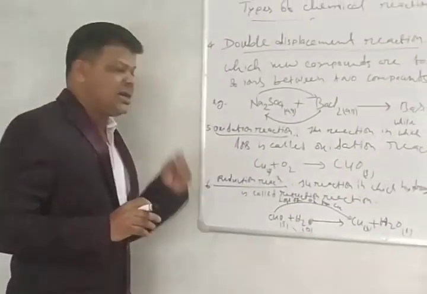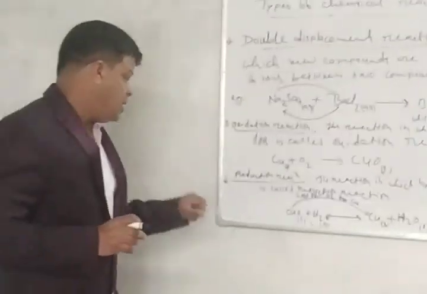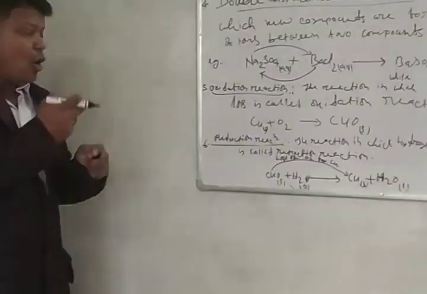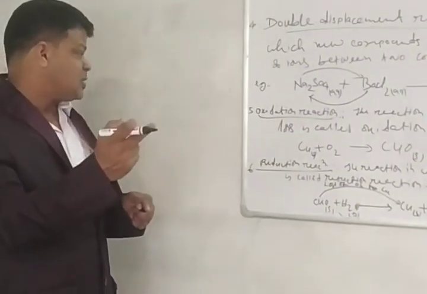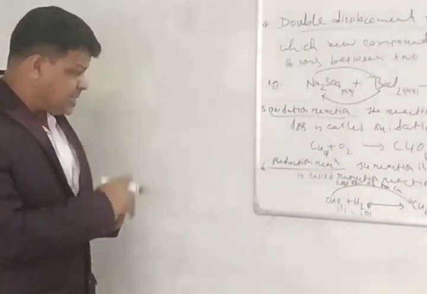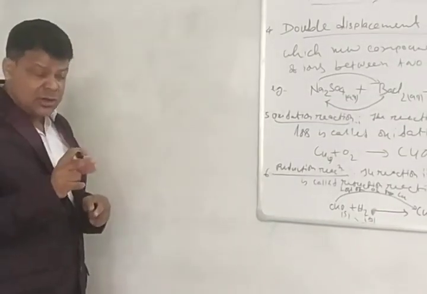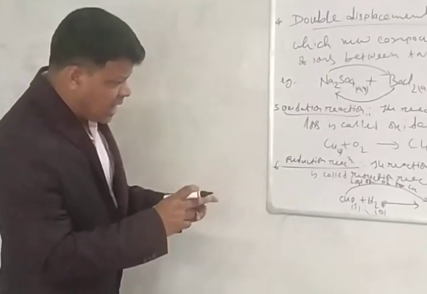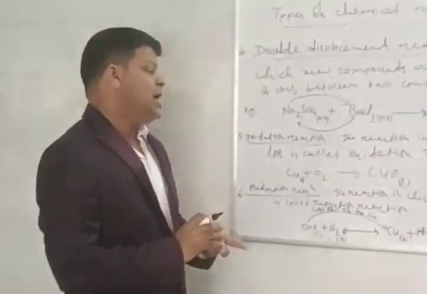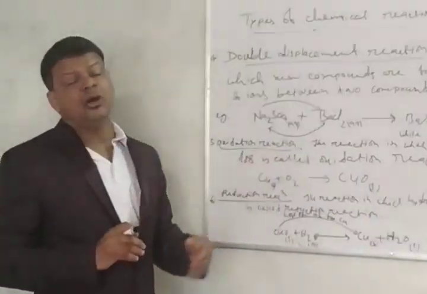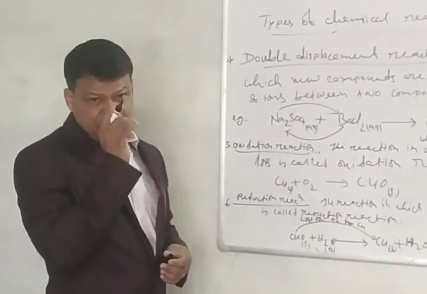Again, when in a reaction hydrogen is gained or oxygen is lost, that is called reduction reaction. And at the same time, if in a reaction oxidation and reduction both take place simultaneously, then that reaction is called redox reaction. Is that clear? Okay.